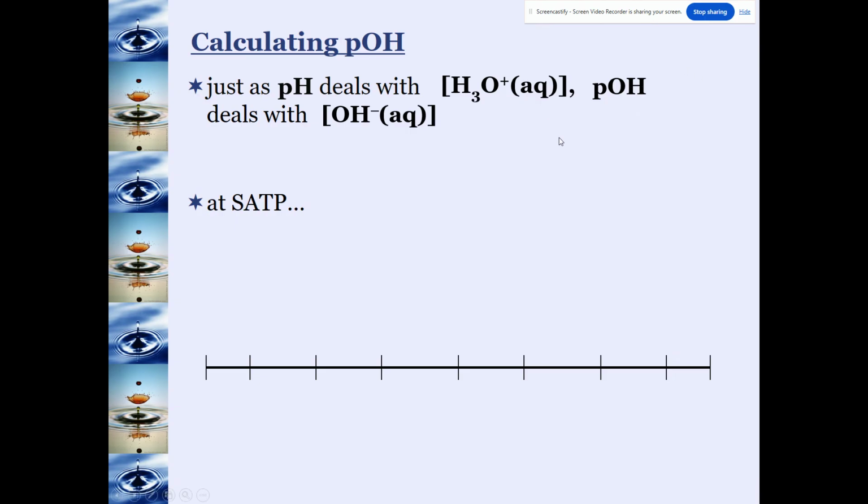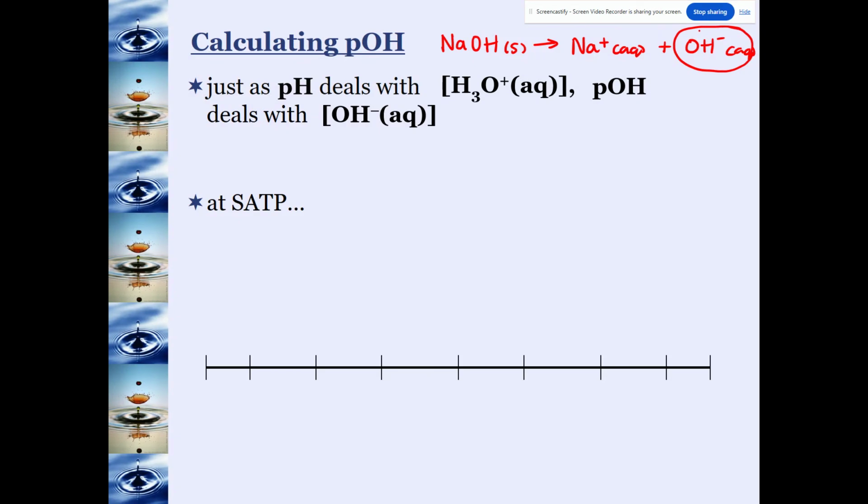The base, when it's in water, is not going to produce hydronium ions like acids do. A base, an ionic hydroxide like sodium hydroxide, is just going to simply dissociate into its ions, and the key ion that it's dissociating into is the hydroxide ion.